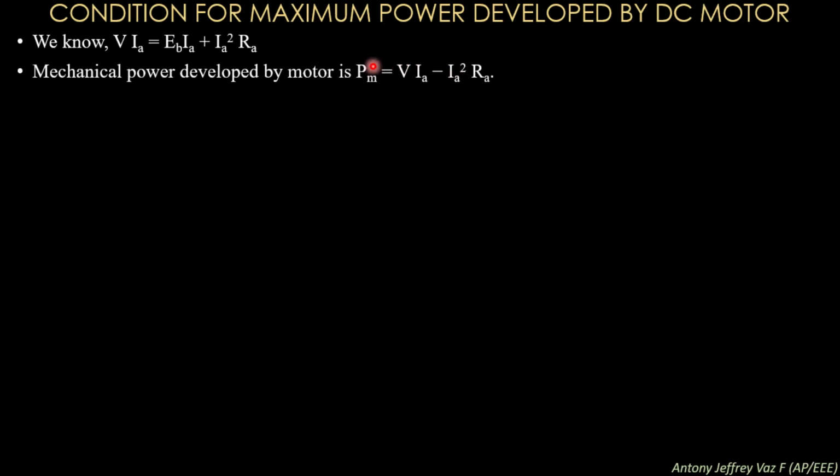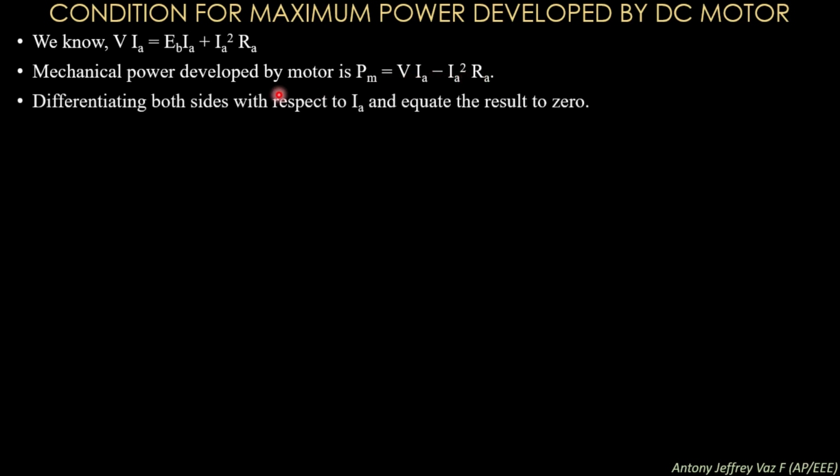This term EbIa is known as Pm. So if this term is kept here and the Ia squared Ra term is moved there, then you get Pm is equal to VIa minus Ia squared Ra.